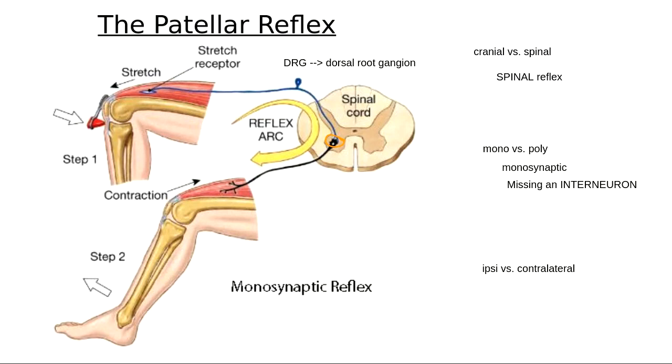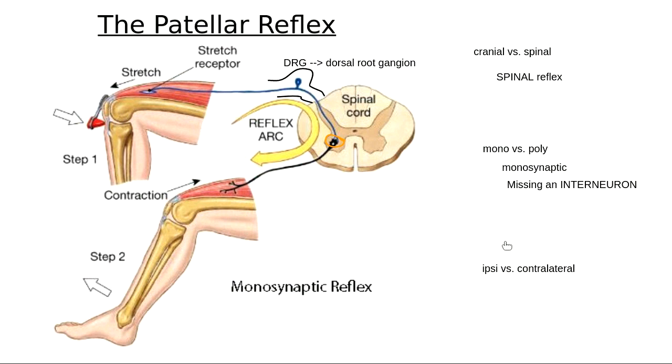I could draw my little ganglion around it. So we got a little bump here on the outside. Here's that bump that goes into the backside of the spinal cord. So I've got a sensory neuron that lives in the dorsal root ganglion. I completely skip my dorsal horn because there's no interneuron. I go straight down into that ventral horn because we're contracting skeletal muscle down here. So we're missing our interneuron. We're doing a monosynaptic reflex.